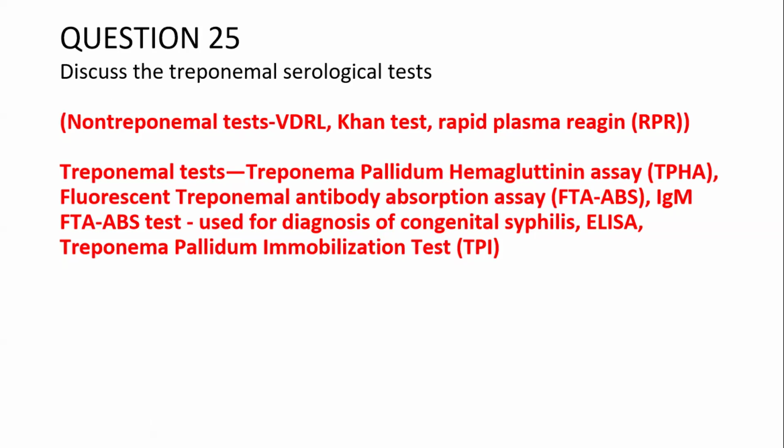If they are positive, it can indicate you have syphilis. But on the other hand, they can also cause false positive results. So in conditions such as pregnancy, viral infections such as hepatitis, use of certain drugs, for example, procainamide, lupus, all those conditions will give you a false positive VDRL, okay?